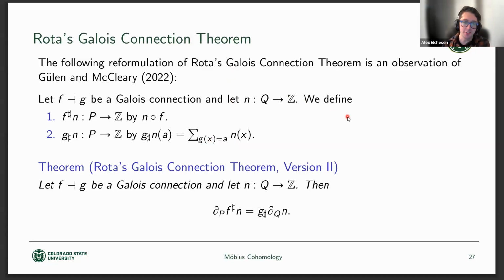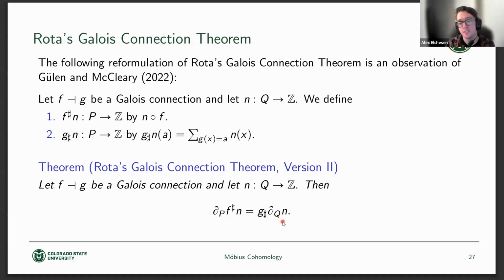So in this reformulation of Rota's Galois connection theorem, which is equivalent to Rota's original formulation, the statement is that for any integer valued function n on Q, I can either pull back n to P and then Möbius invert in P. So that's what this is saying: pull back n to P, Möbius invert there.